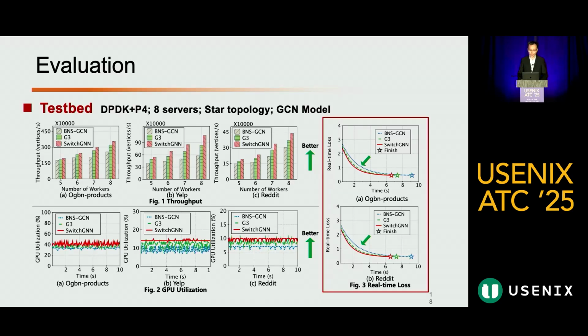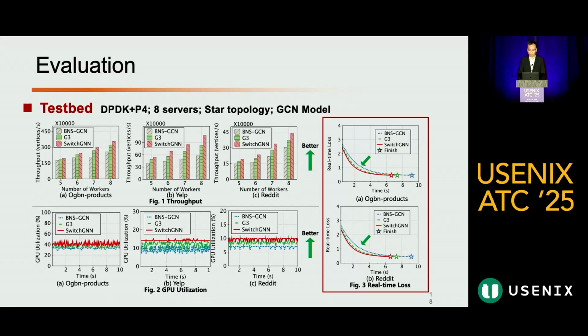We train the GNN using OGBN-products, Yelp, and Reddit datasets, and compare with benchmarks like BNS-GCN and GraphCube. Look at Figure 1 for throughput on OGBN-products, Yelp and Reddit. SwitchGNN was 54% faster than BNS-GCN and 24% faster than GraphCube.